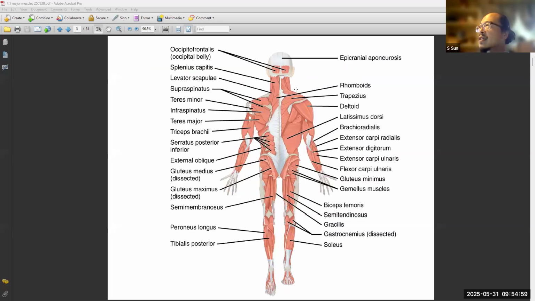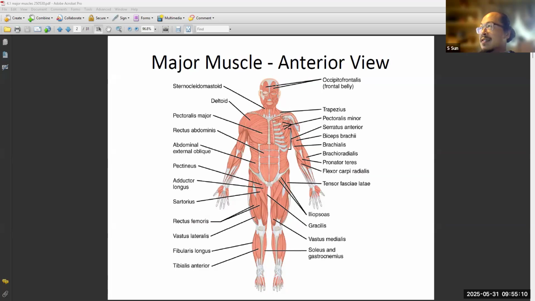In the back you will see the occipital belly. So that's a continuous muscle; the muscle portions are only in the frontal and the occipital areas. And then you have a lot of facial muscles. The details are not shown here, but we will look into that.